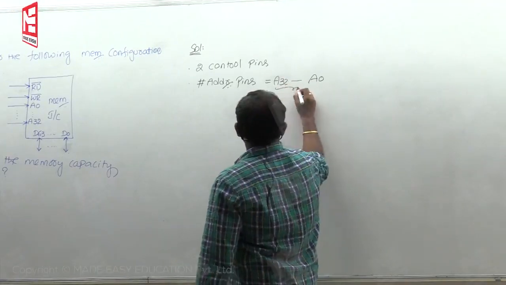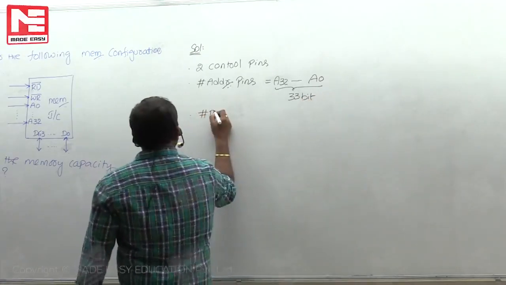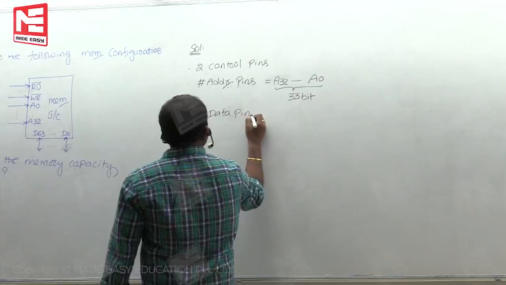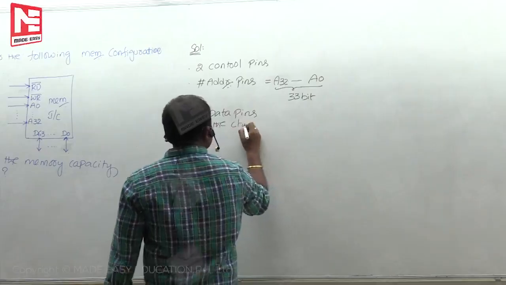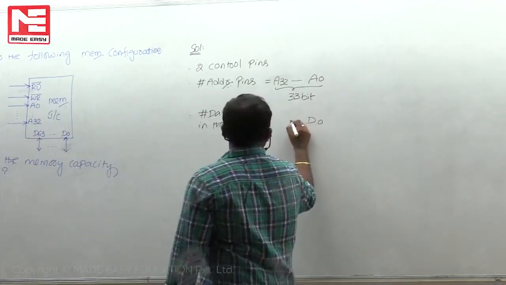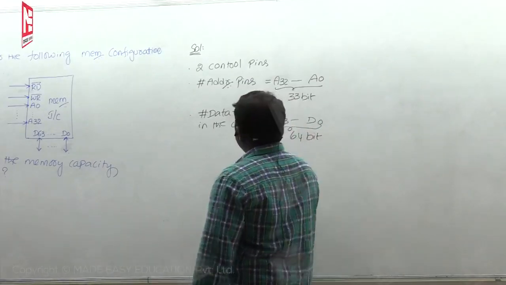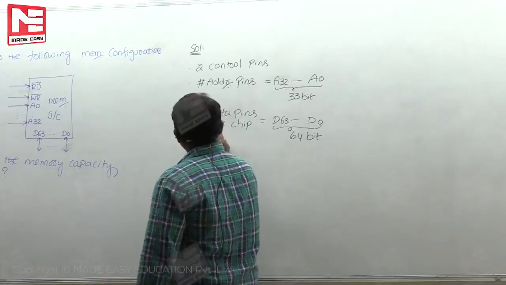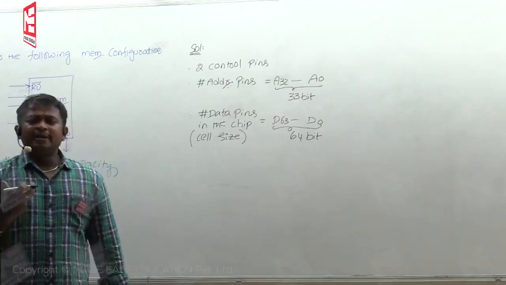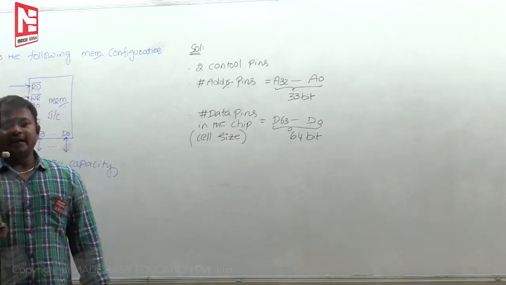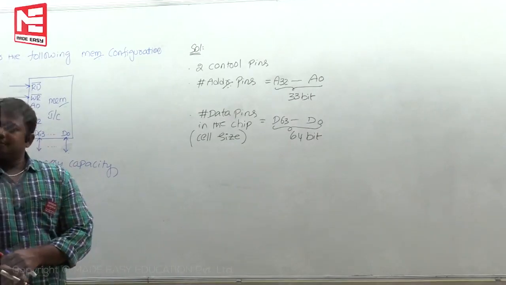A0 to A32, total it is 33 bits. Now the number of data pins in the chip, given as D0 to D63. This is equal to 64 bits. The number of data pins in the chip is called the cell size. The memory chip contains 64 data pins. That means one cell contains 64 bits of storage space.